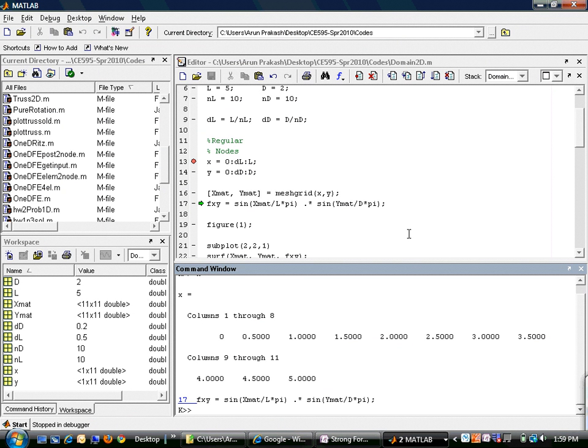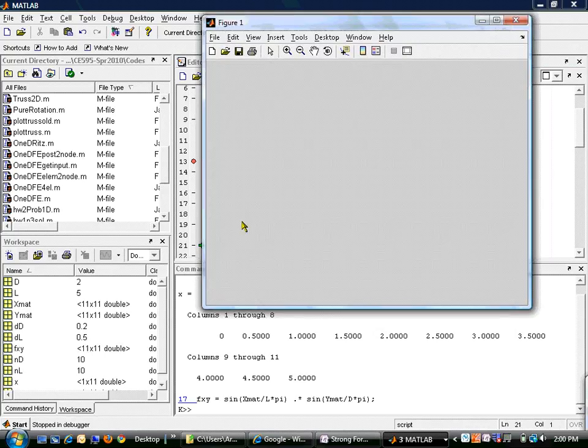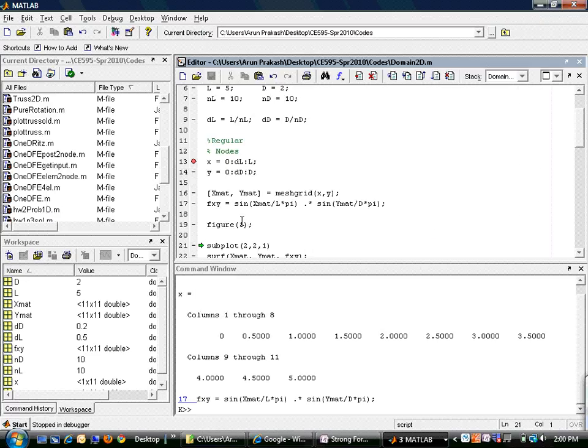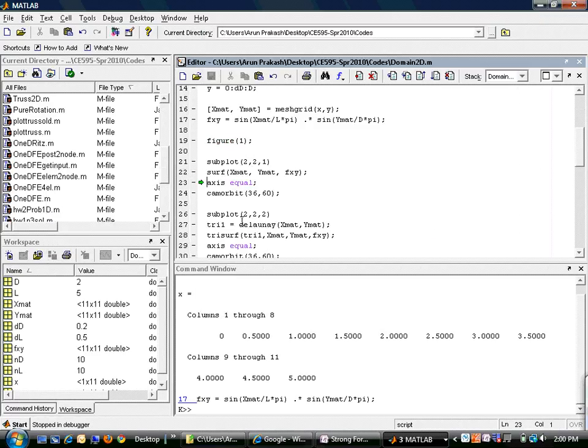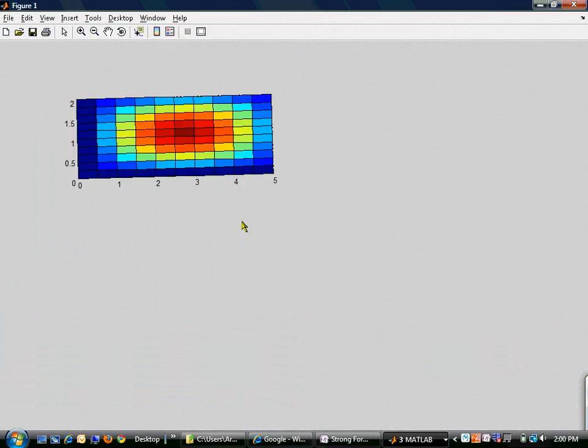So let me try to plot those points. And this is the scalar function. This is just a scalar function that I'm defining over my domain. So if I plot, right, this is what I get for my plot.